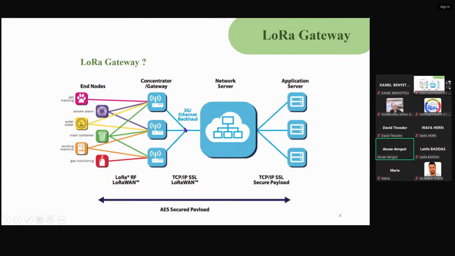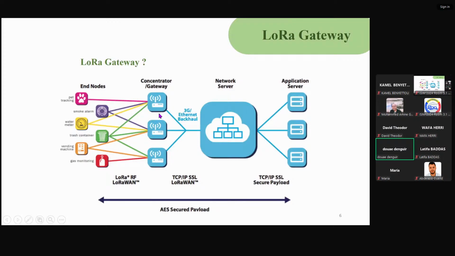The gateway has three steps to process the data collected by the end nodes. The first step is reception: it listens for and receives signals from multiple nodes, so from our sensors in the farm. Then there is demodulation, which converts received LoRa signals into digital data.